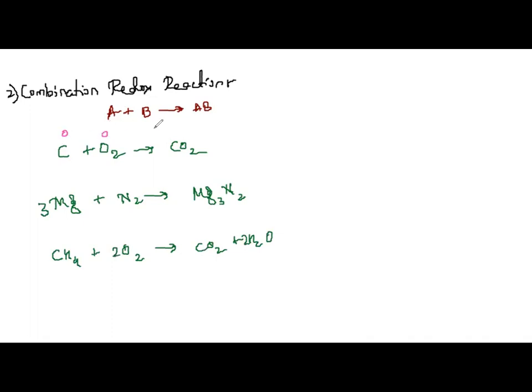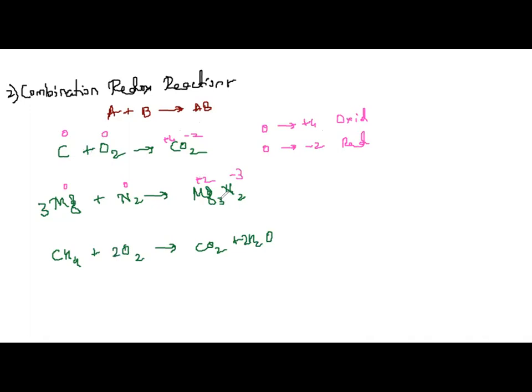Carbon 0, oxygen 0. Here oxygen is minus 2. Minus 2 into 2 is minus 4, so carbon is plus 4. Correct? So from 0, it is becoming plus 4. Oxidation. From 0, it is becoming minus 2. Reduction. So it is redox reaction. Mg 0, N2 0. Here magnesium is plus 2. Nitrogen is minus 3.